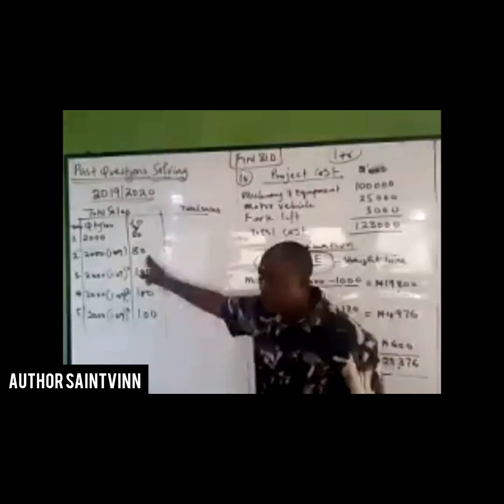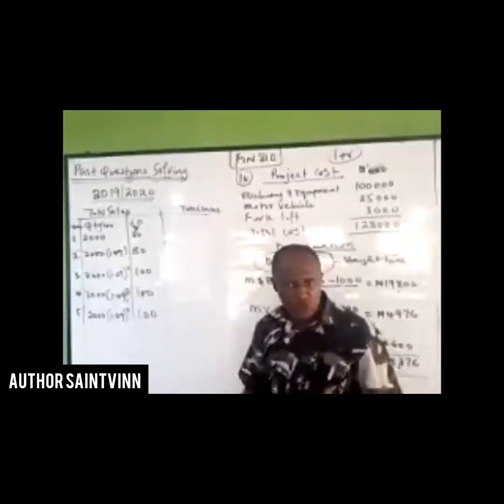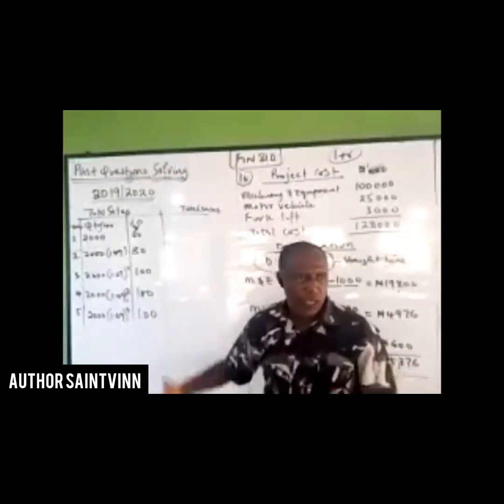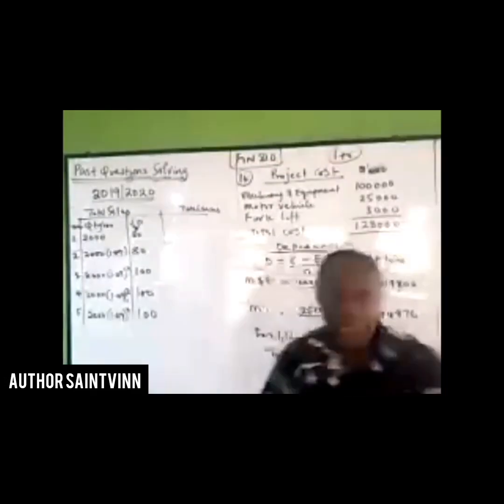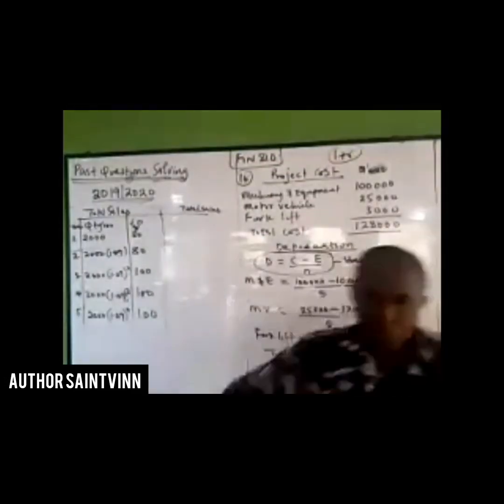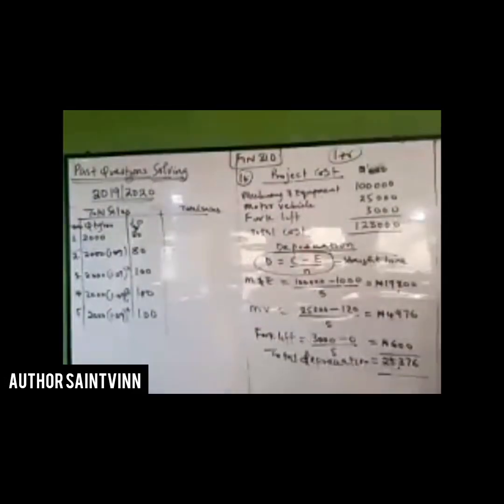The examination question may not ask for the whole of year 1 to 5. It may ask for year 3 or 2, and you should be able to do all this and arrive at the acceptable answer. This topic is under capital budgeting.